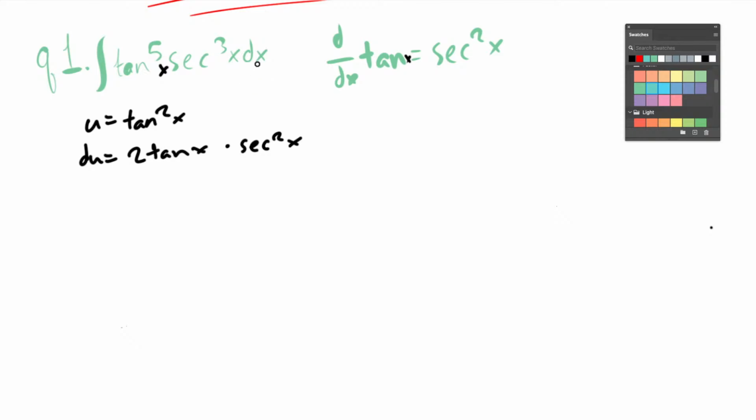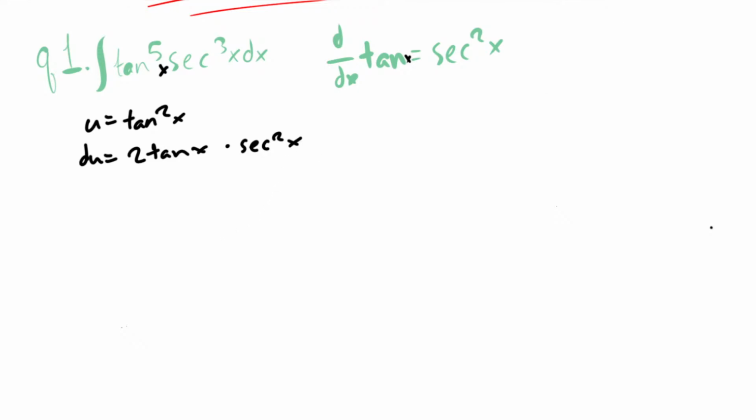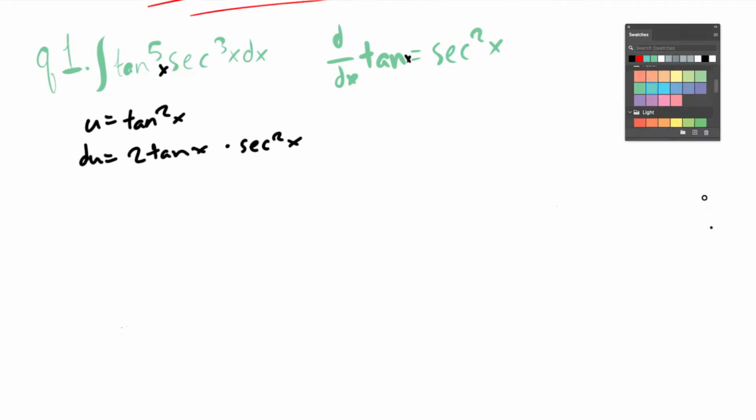The problem is there's a secant that's always going to be left behind. Right? Because we get secant squared x. Did I read this right? Yeah, I did.